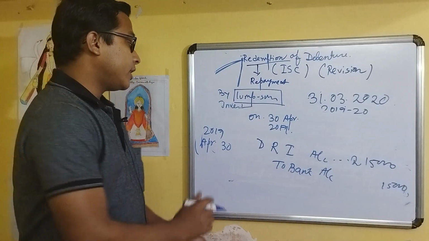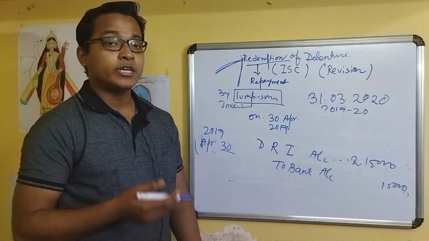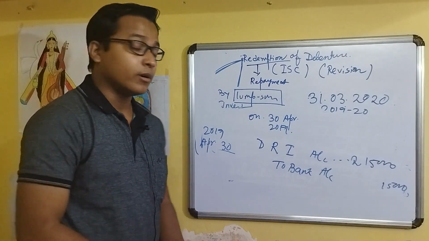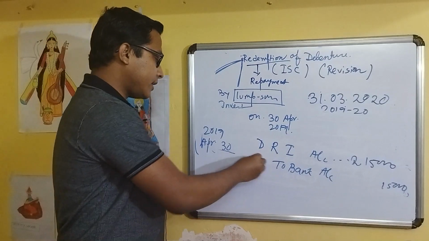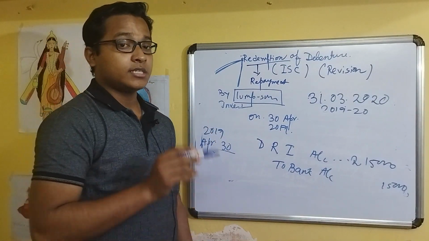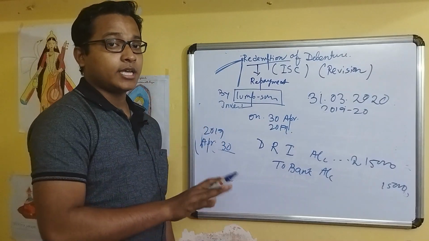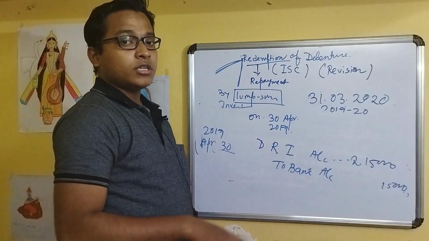Remember that it may not be the 30th, it may be the 29th April, 20th April or 18th April, whatever, but in our books, for simplicity, we make this journal entry on 30th April. The provision says on or by 30th April of the financial year in which the debenture is to be redeemed.